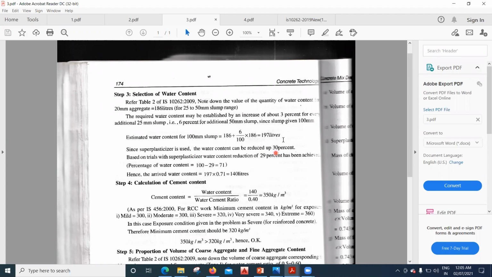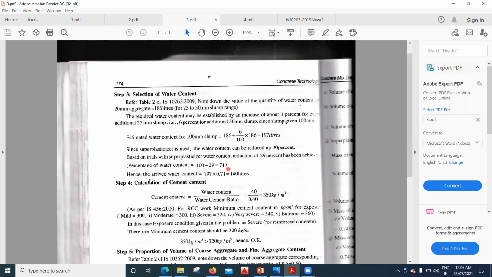Now if you ask me why it is 30%, all this has come from a lot of research and experimental investigation. Based on trials with superplasticizers, a water content reduction of up to 29% has been achieved practically. Theoretically we can say 30%, but when we do the real mix design, we can reduce the water content by up to 29%. So the percentage of water content will be 100 minus 29, which comes out to be 71.